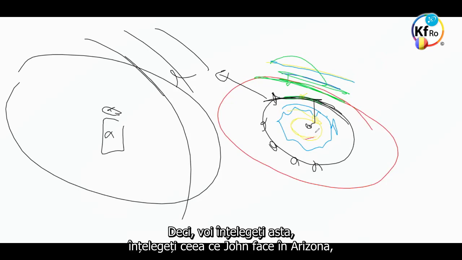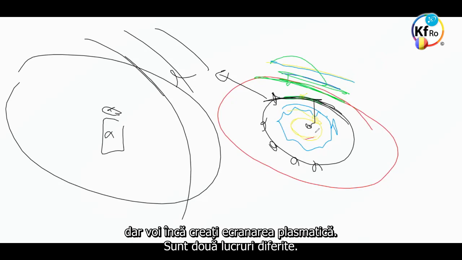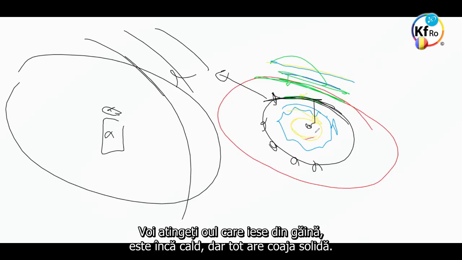So you understand this, you understand what John is doing at Arizona, then you understand where your third shell comes from, that on atmospheric Earth you still have the shell, but you still create a plasmatic shielding. It's two different things. You touch the egg which comes out of the chicken, it's still warm. But you still have the solid skin.